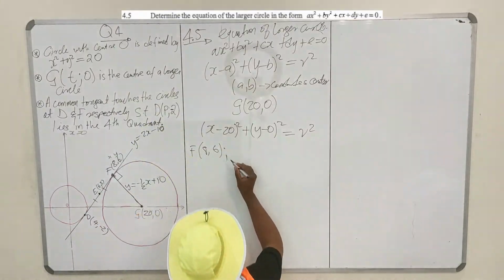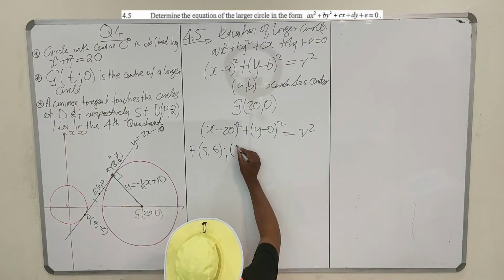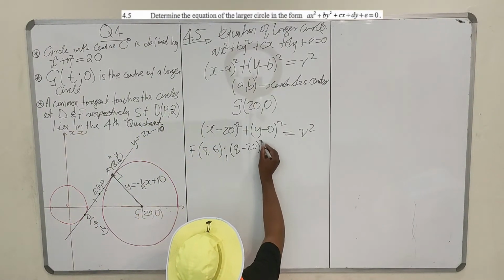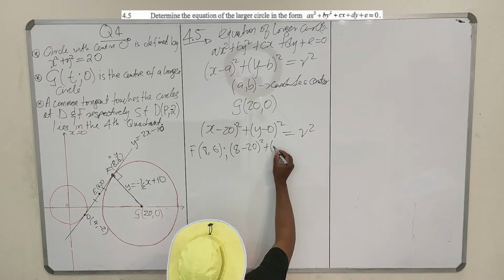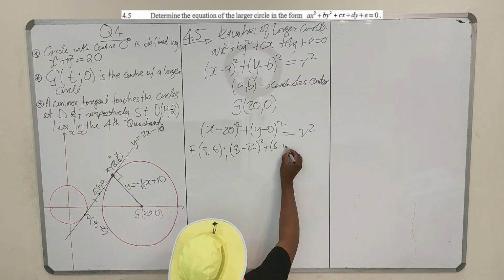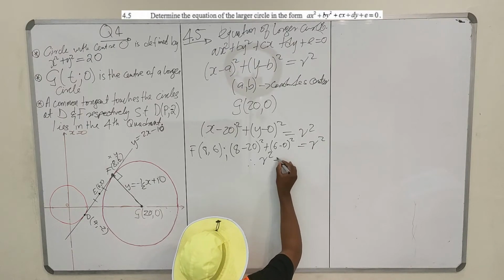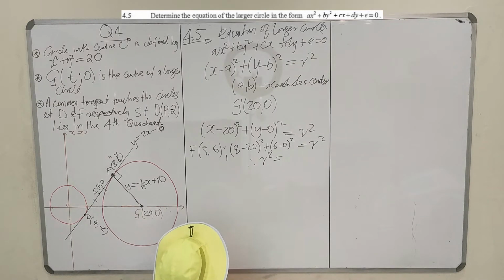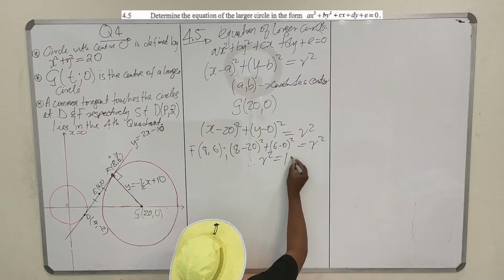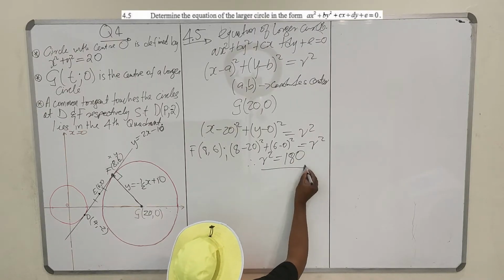So this will be 8 minus 20 all squared plus 6 minus 0 all squared equal to the square of the radius. Let's compute that: 8 minus 20 all squared plus 6 all squared gives us the square of the radius to be equal to 180.